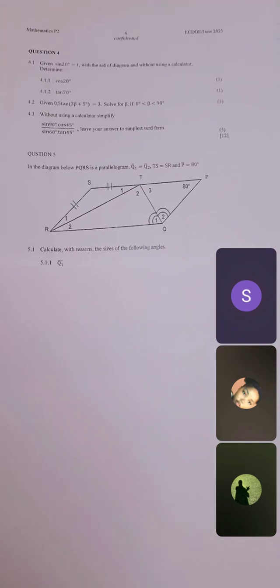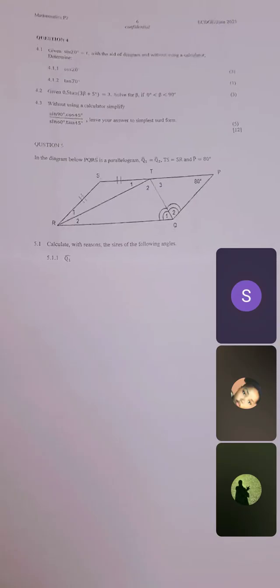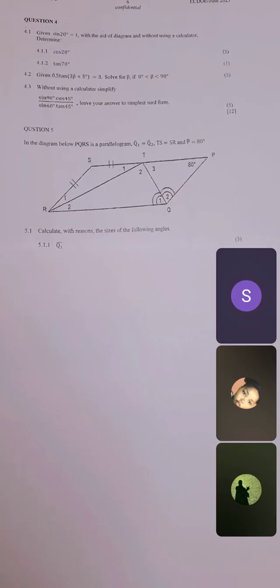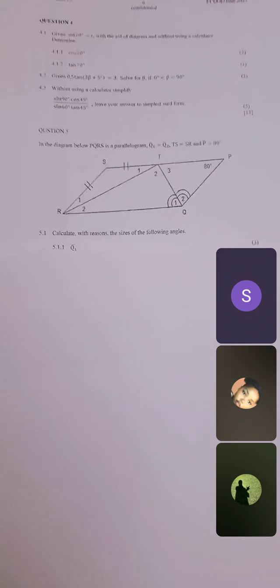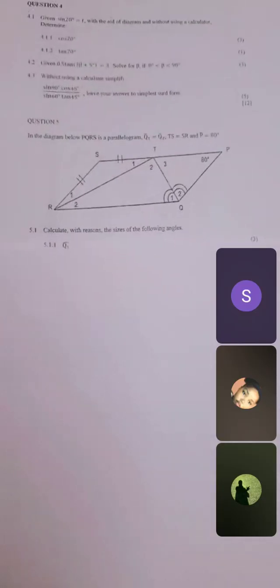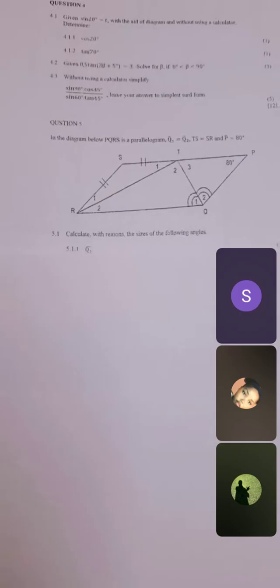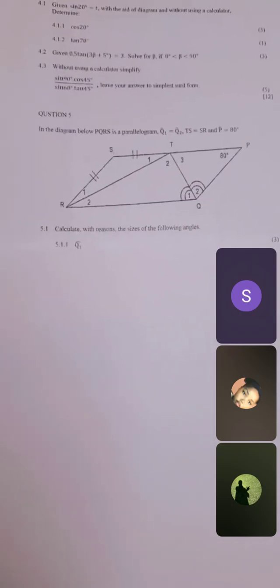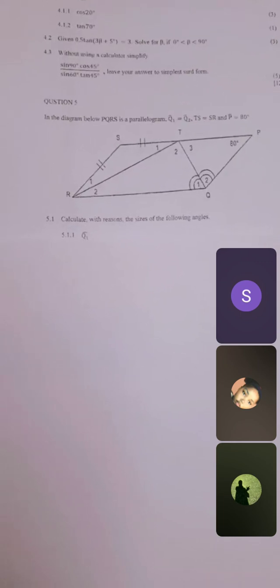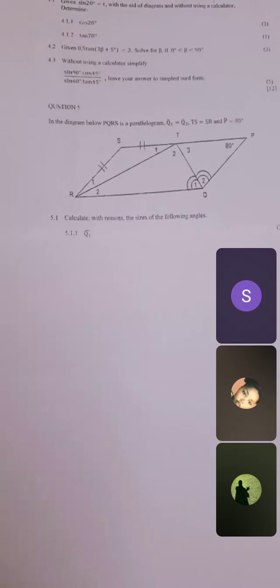The minute they say parallelogram, all properties that relate to the parallelogram apply here. One, opposite sides of a parallelogram are equal. Two, both pairs of opposite sides are parallel. Three, opposite angles are equal. Four, diagonals bisect each other, but we don't have diagonals here, so there's no relevance in that.